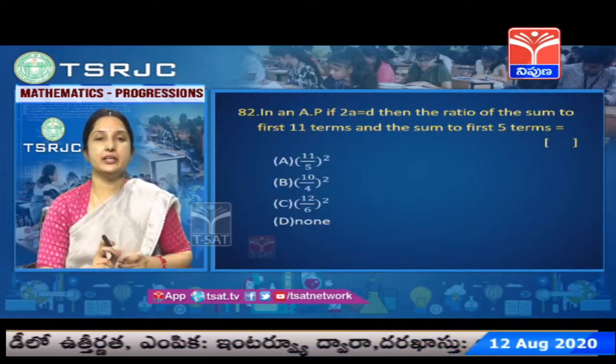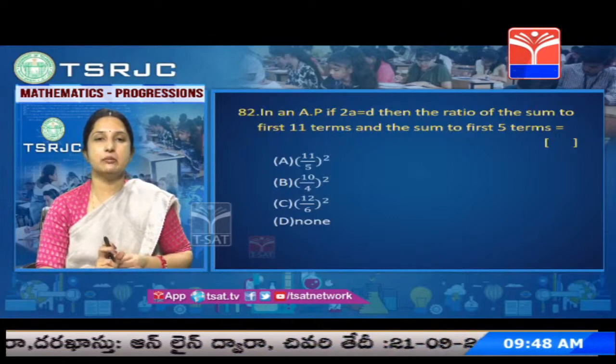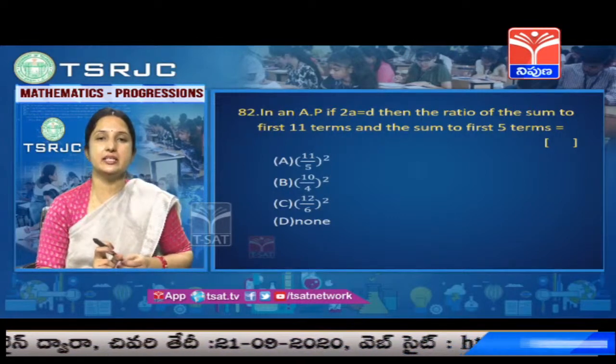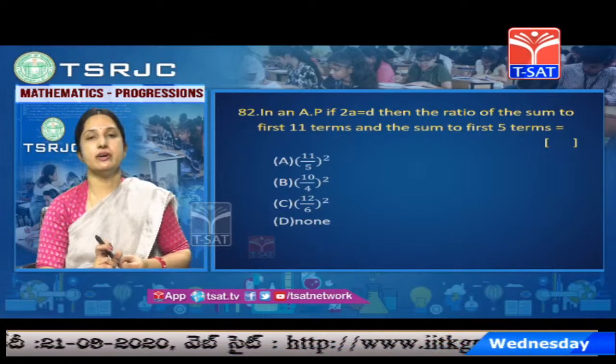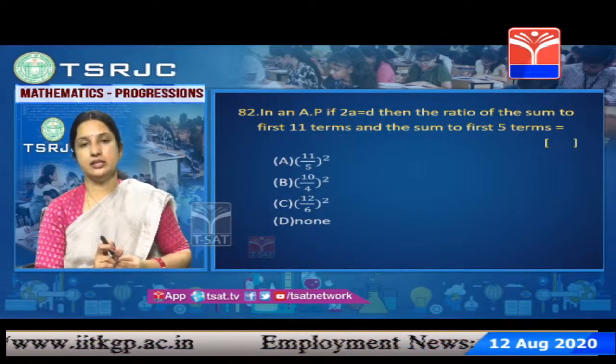Next question number 82. In an AP, if 2A equals to D, then the ratio of the sum to first 11 terms and the sum to first 5 terms. Okay, ratio అనుకోవాలంట.